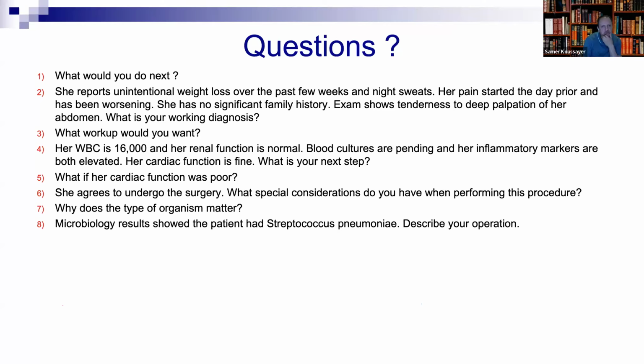Or a vein, the superficial femoral vein, or femoral vein. Okay, femoral vein. I mean, it's acceptable. What else? Homograft, bovine pericardium. Yeah, pericardium. Okay, these are good answers.